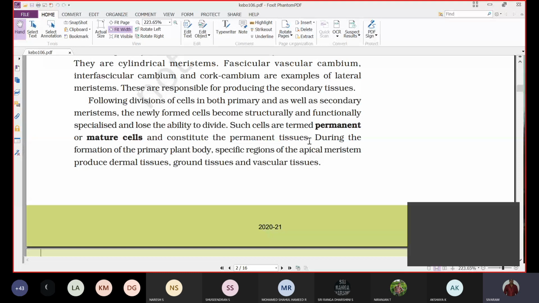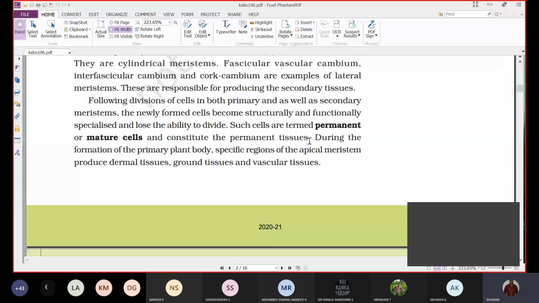Then what happens to the newly formed cells? Suppose there are 10 cells which are undergoing cell division in the meristem. All these 10 cells will divide and give rise to 20 cells. But out of these 20 cells, only 10 cells will retain the capacity to continue cell division, and the remaining 10 cells will lose the ability to divide and are transformed into specialized cells, depending upon the requirement and functioning of the plant body.